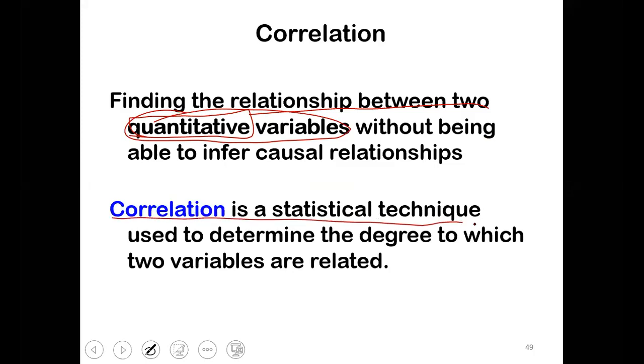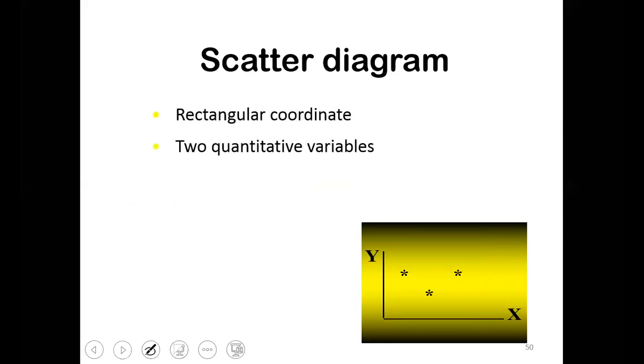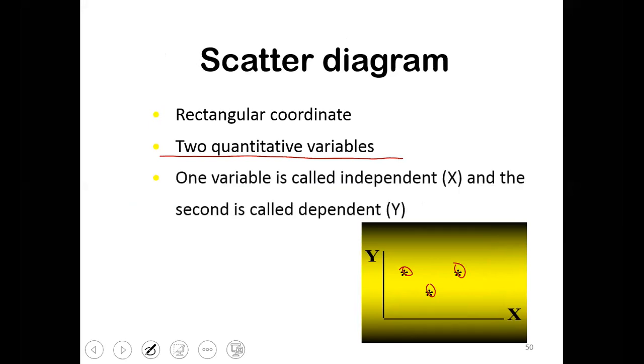Correlation is a statistical technique used to determine the degree to which 2 variables are related. This is a scatter diagram I already mentioned. In the scatter diagram, we have the X and Y coordinates. You plot them. Both are quantitative variables, X and Y. One variable is called the dependent variable, Y, and the X variable is called the independent variable.